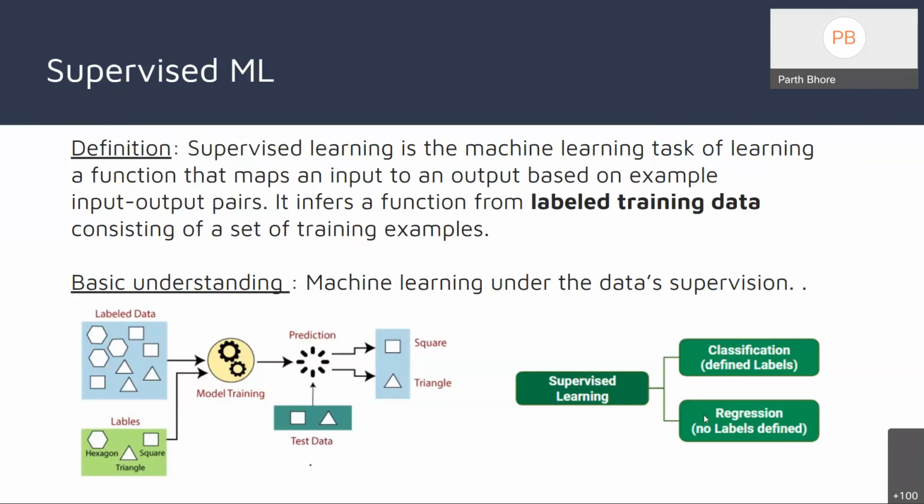The next subpart is regression. It is different from classification, and here there is no finite number of classes. For example, you have to predict some prices. Let's say you have to predict house prices. You have been given some house price data, like different features of a house, such as land and number of rooms and all, and you have to predict its price. You can't define price in a class. Price is continuous, and in a way it is infinite.